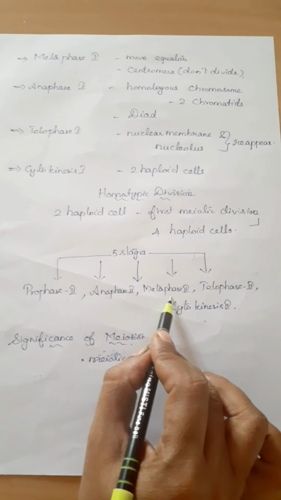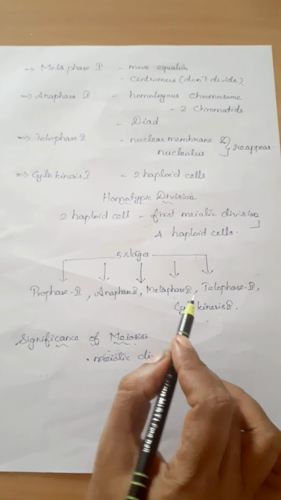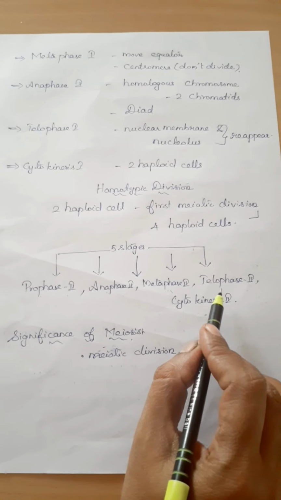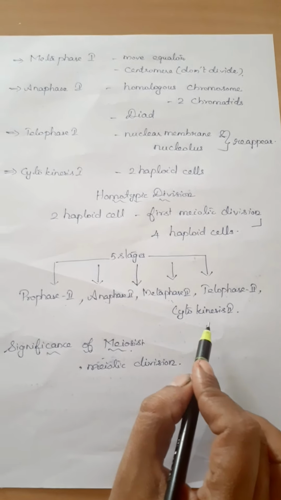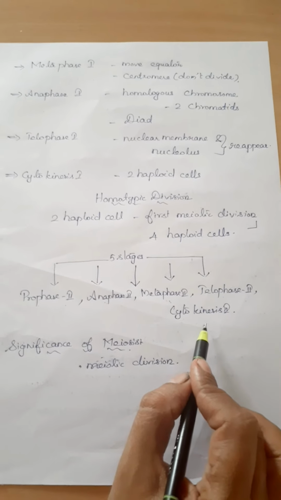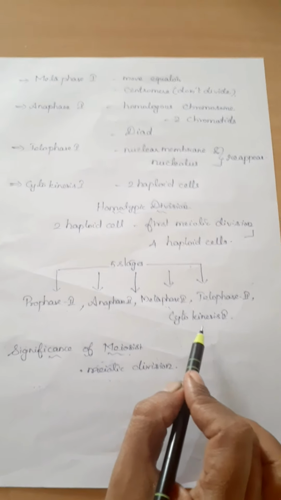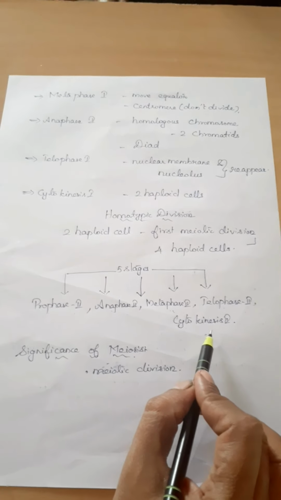In this stage, the chromosomes get arranged on the equator. Next one is telophase. The daughter chromosomes are centered. Next one is cytokinesis. In this stage, two cells are formed, each haploid daughter cells.